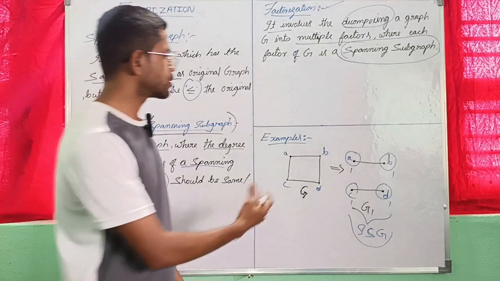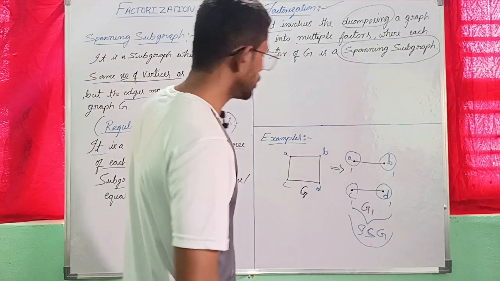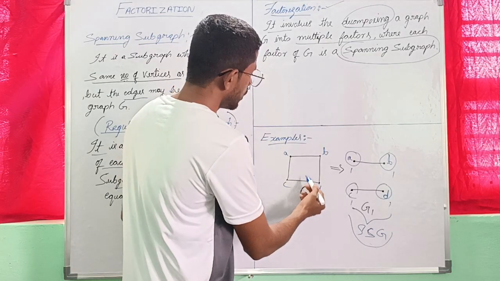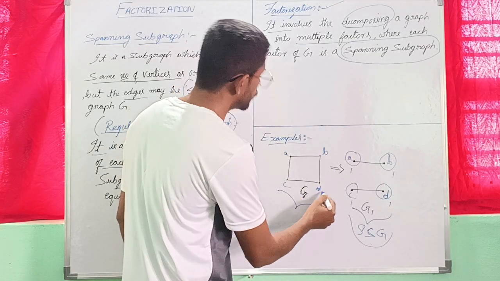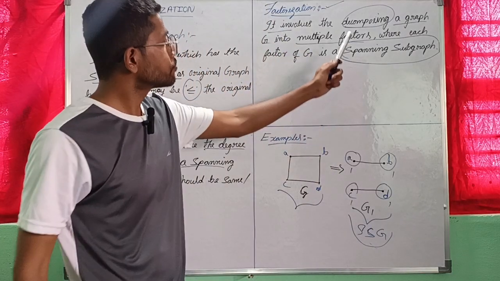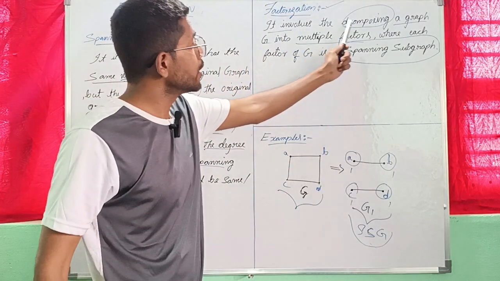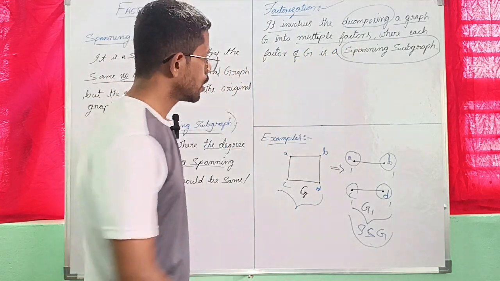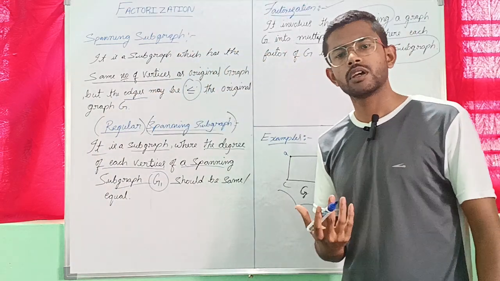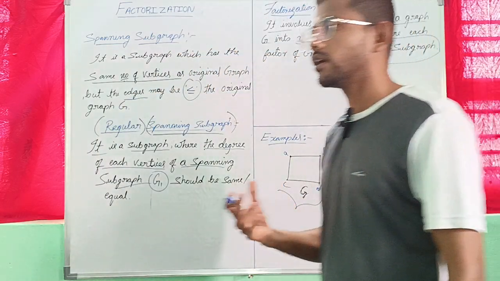Let us understand by the example, the same example we took here. This is a graph G, and factorization involves decomposing graph G. What is the general meaning of decomposing?